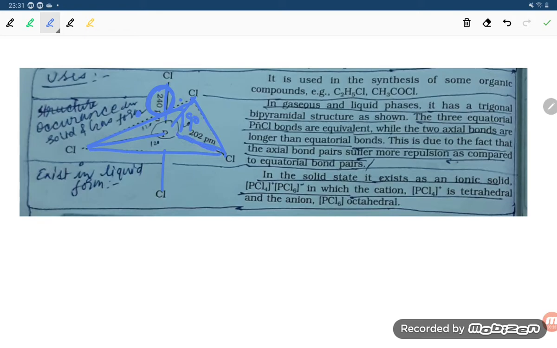Less repulsion gives 202, which is much smaller. This is the equatorial bond, and this is the axial. The axial is longer.